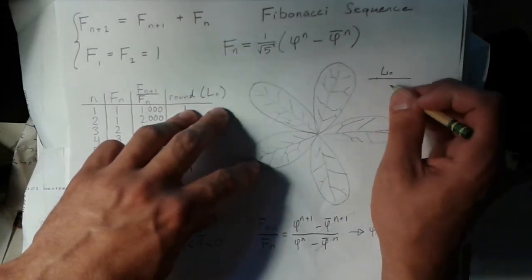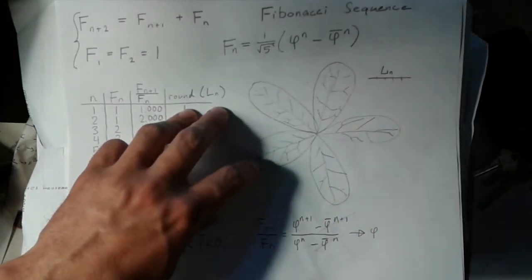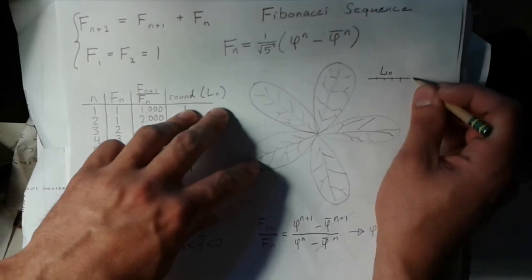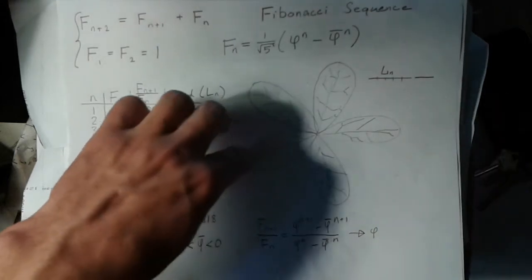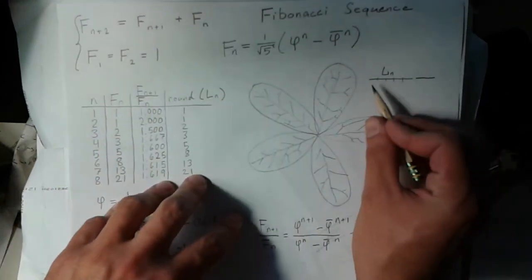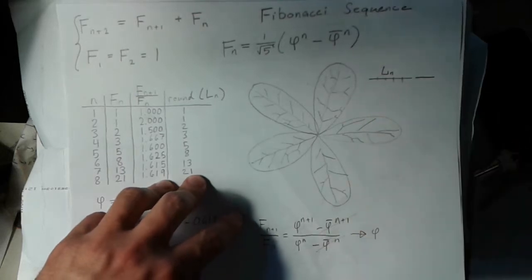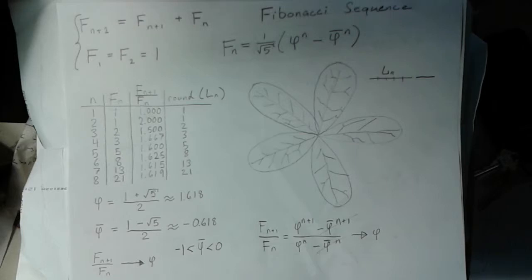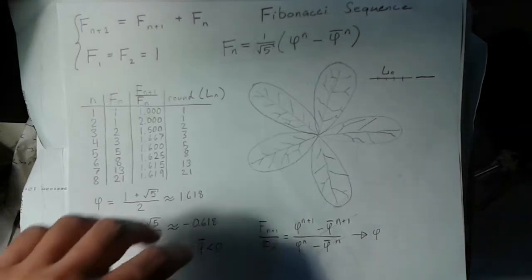In this case it would be 5. And what I want to do is increase this. So I'm going to add on a bit here, and this new total amount I'm going to call Ln plus 1. And so the question is, how do I want to choose what that Ln plus 1 is?